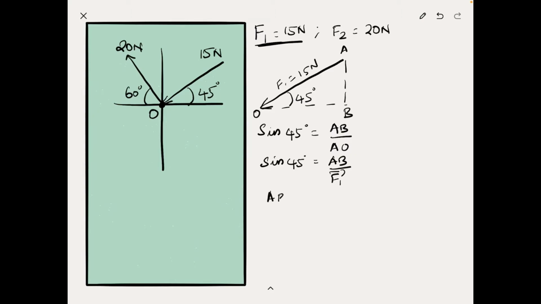So AB would be F1 times sine of 45 degrees, which would be 15 newtons, times sine of 45 is 1 by root 2. So simplifying, you would get 7.5 times root 2 newtons. That will be our AB.